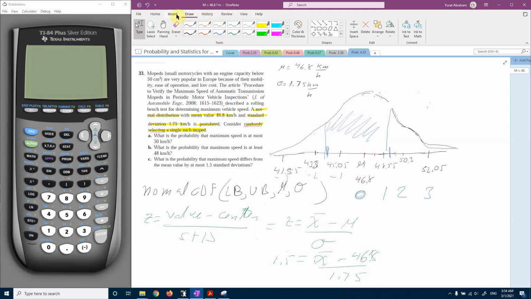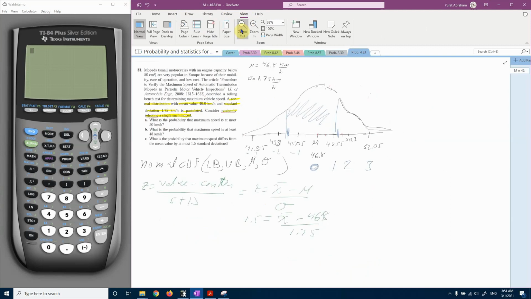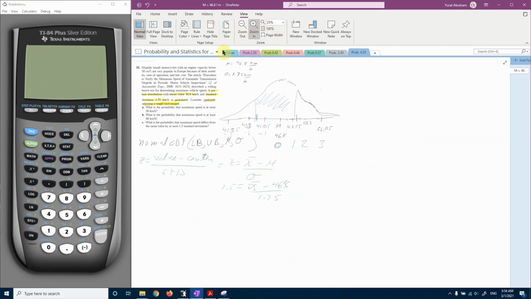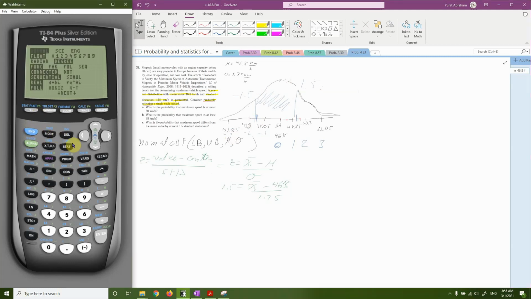First, I need to zoom out a little bit so I can have some space here. Okay, so I'm going to go ahead and plug in, because I know this side right here is going to be my negative 1.5 and this is my positive 1.5.